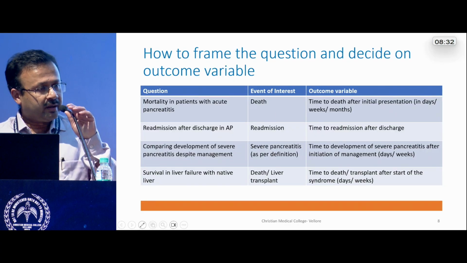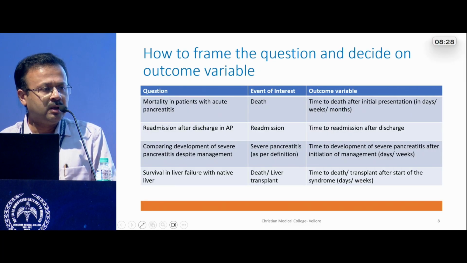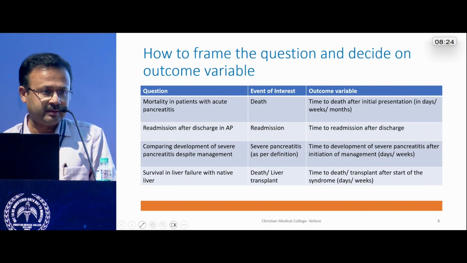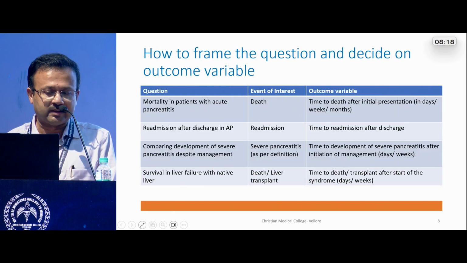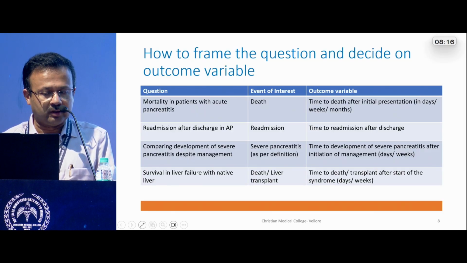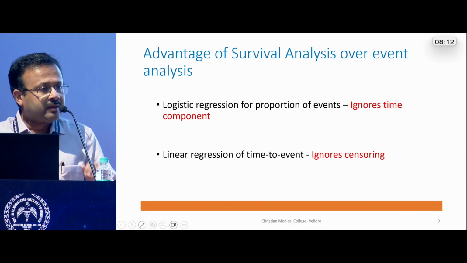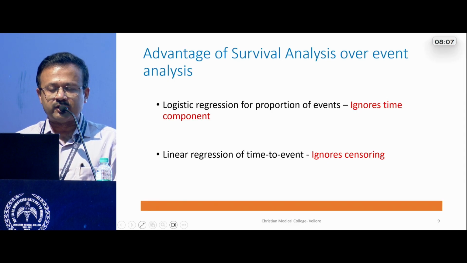Now in liver patients, we usually use a composite outcome, which is native liver survival. So liver transplant and death becomes a single event of interest, and we are looking at an outcome variable of transplant-free survival, or time to death or transplant after the start of the syndrome. Now, how is it different from the usual analysis that we do, a linear regression or a logistic regression?